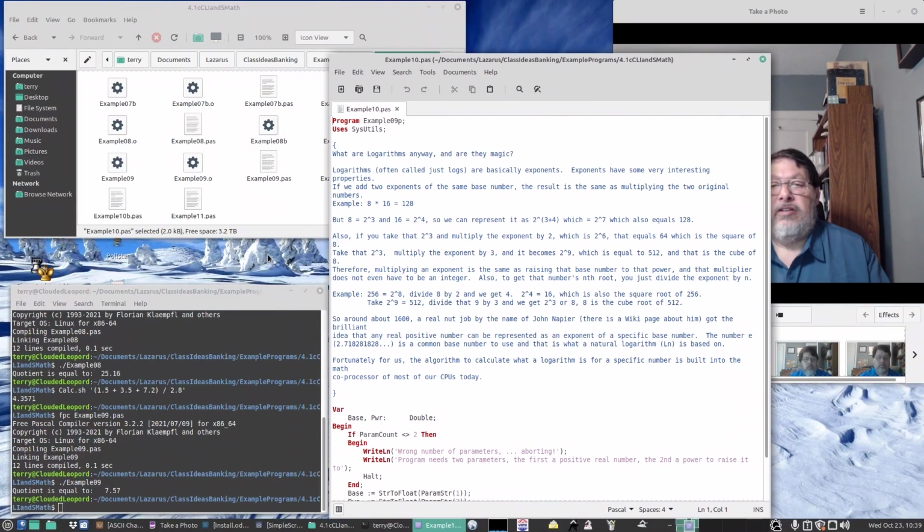You can't get square roots or raising something to a power in Pascal without using logarithms. There are some languages out there that do something like use a double asterisk to raise something to a power. They're just doing logarithms behind the scenes and hiding it from you.